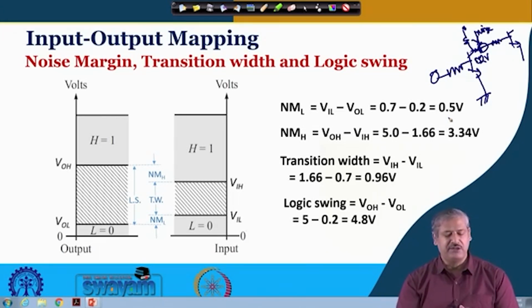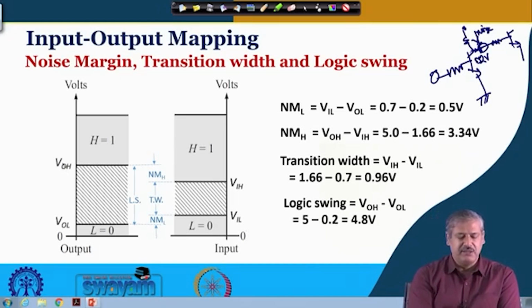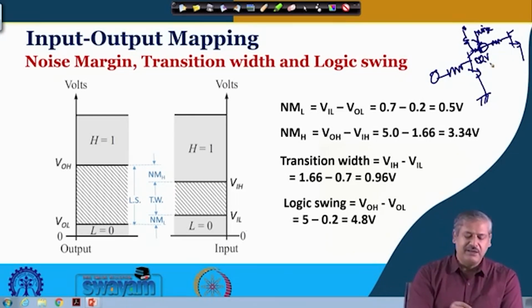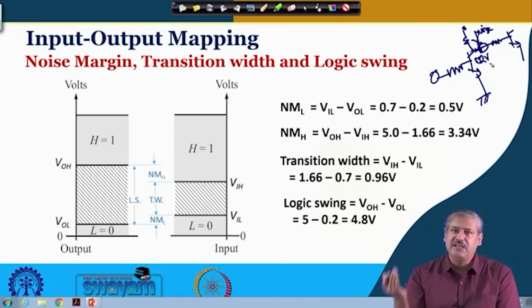When the output is at logic high, say VOH, at the input it has to be treated as logic high. Now if noise gets added, if it is positive polarity, it will be VOH plus some value, then there is no issue.